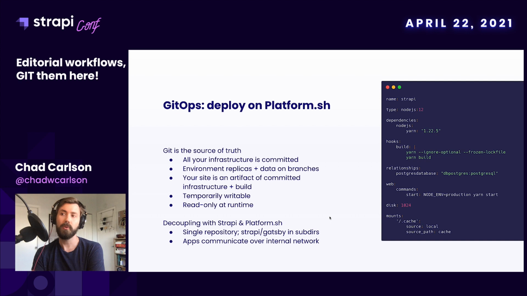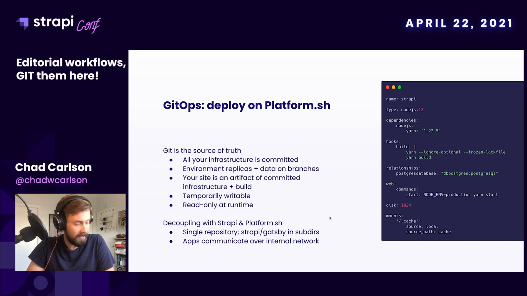So if you'll see here, this is a configuration file for a Strapi application on Platform. We define Node.js 12, and we're going to use Yarn for all of our downloading dependencies and for building our application. So you see here that we have a build hook that's going to do those exact 2 steps to give us the final Strapi app. But then after that point, our container is going to become read-only. The idea here being that you'll see here I have all the frozen lock file flags on here for Yarn.